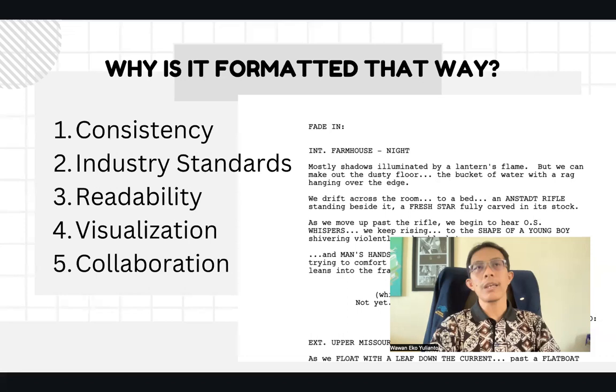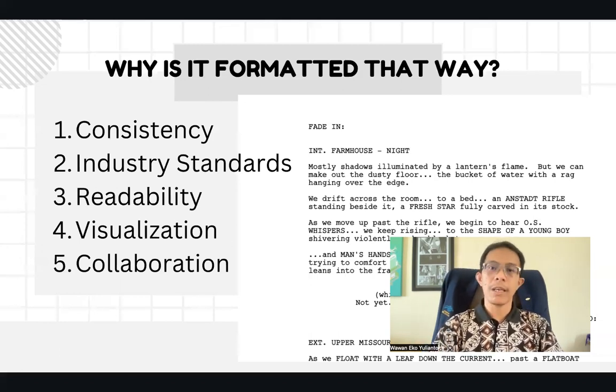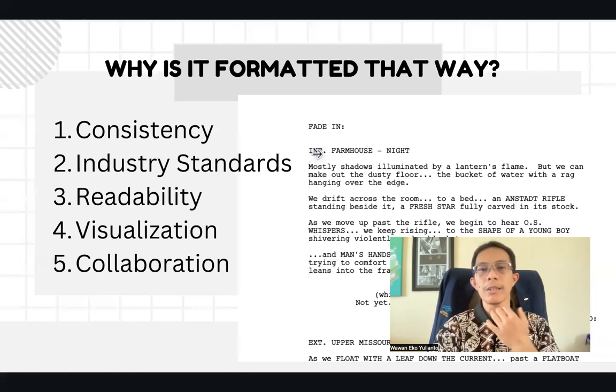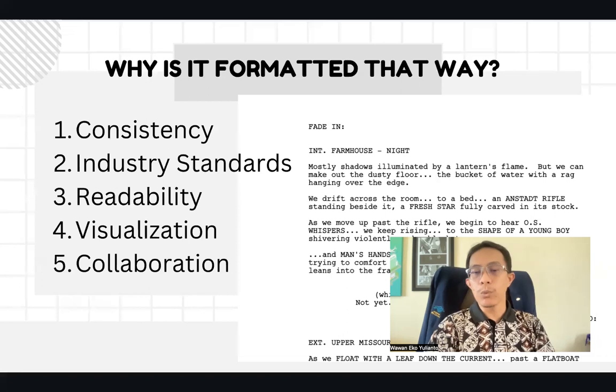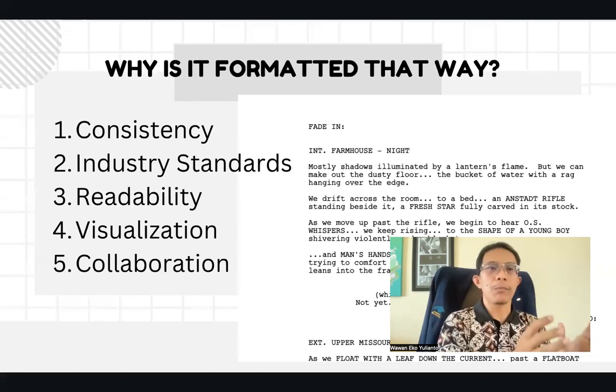And the third reason it is formatted that way is readability. If you format the script using this font and this format, it's easier for people to read it. For example, INT. FARMHOUSE, NIGHT: this format makes it easier for us movie makers to know the setting of this place. Is it inside a building or outside?